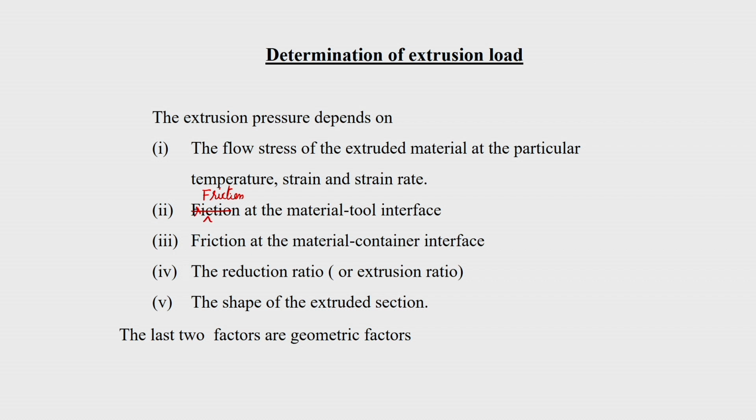at the material tool interface, because when the metal is going to deform, normally this is carried out in a conical die. In most extrusion processes, the starting raw material, which we call the billet, is normally cylindrical. Only very exceptionally are other sections used, because this is for the convenience of processing and manufacturing.